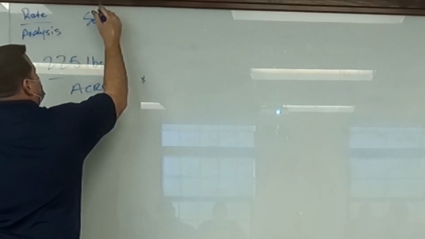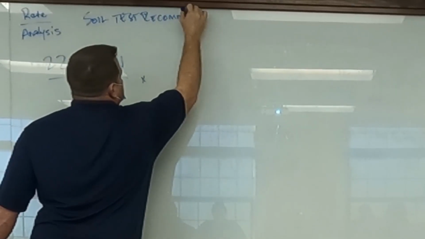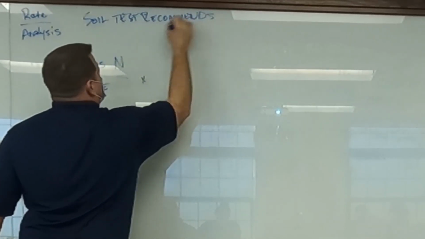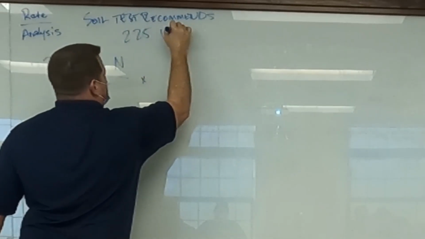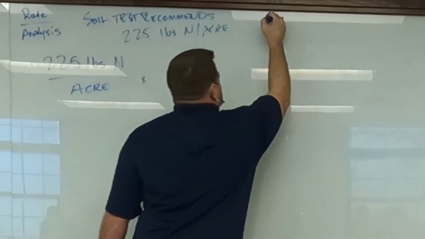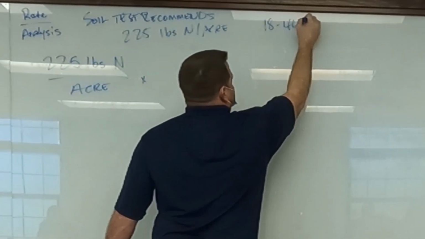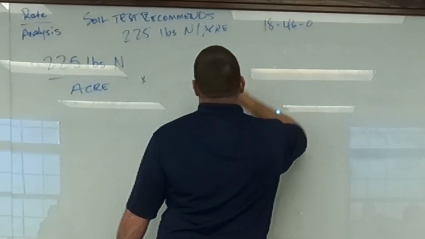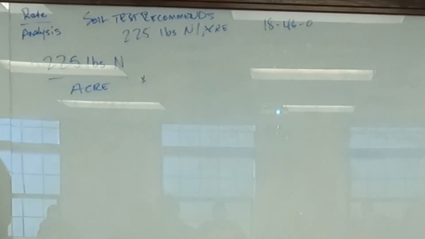Soil test recommends 225 pounds of N per acre. Just so happens that we have some 18-4-6-0 sitting in the shop that we need to get rid of. All right? So we're going to use this 18-4-6-0.